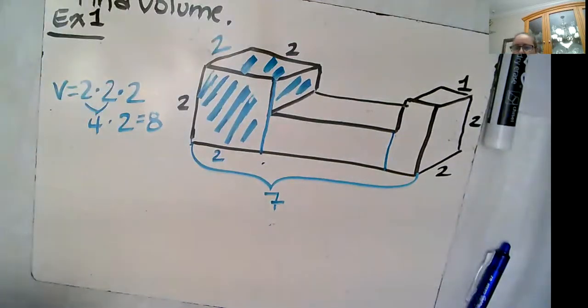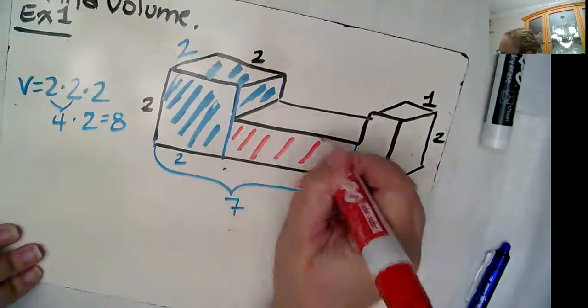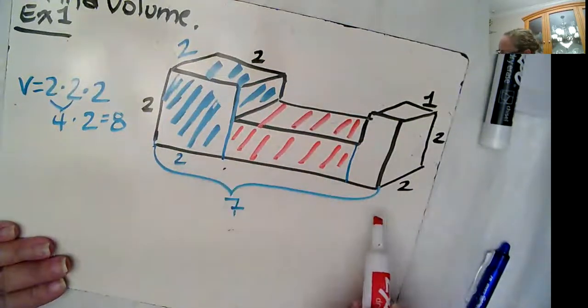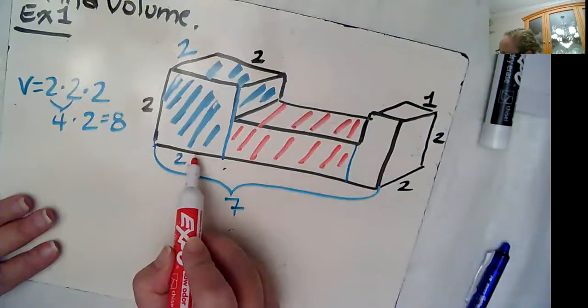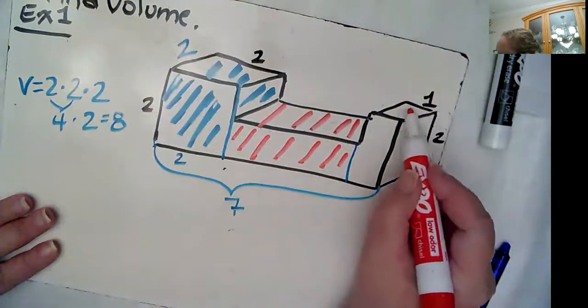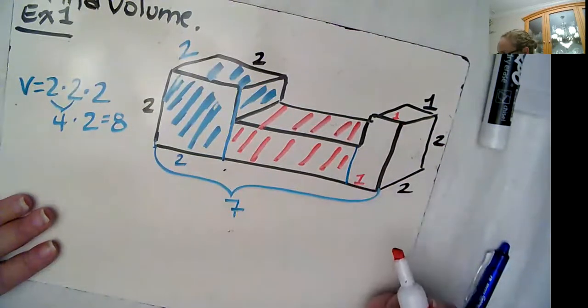Now we're going to focus on the middle one, which is in red. If the whole thing is 7, and this is 2, and then this piece is 1, because if this length is 1, and this length is 1.